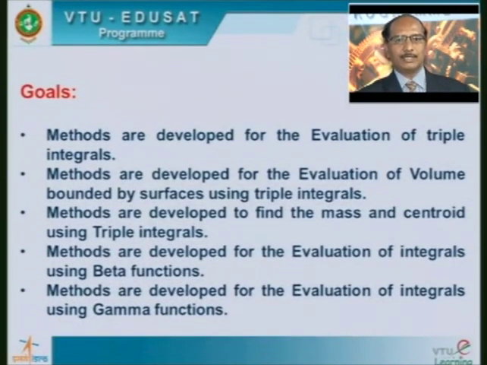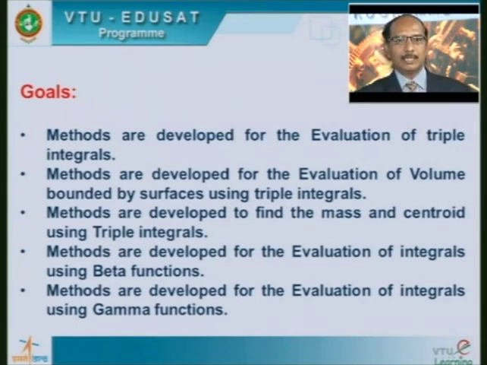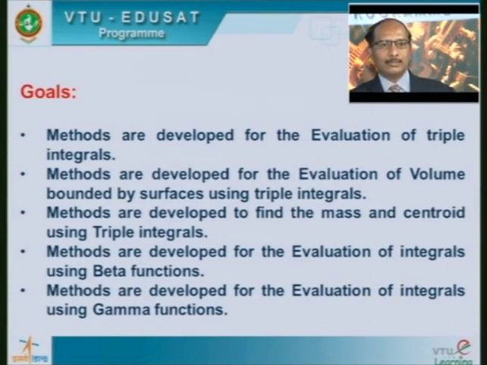Next, the methods are developed for the evaluation of triple integrals also. The methods are developed for evaluation of volume bounded by the surfaces using the triple integrals, and also to find the mass and centroid using the triple integrals.